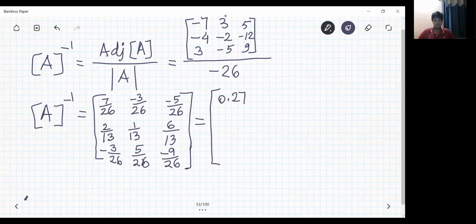Then minus 0.115, so 3 divided by 26, you can write minus 0.12. 5 divided by 26 is minus 0.192, so 0.19.